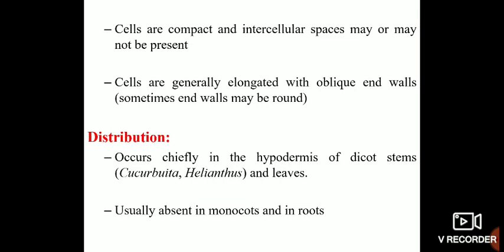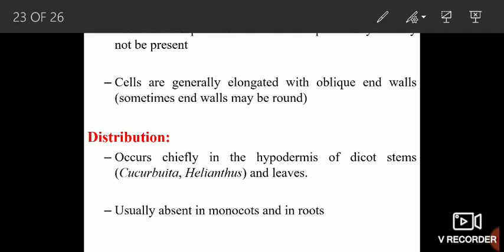The cells are compact and intercellular spaces may or may not be present. The cells of Collenchyma are compact, and they enclose intercellular spaces, or in some cases the intercellular spaces are completely absent. The cells are generally elongated.